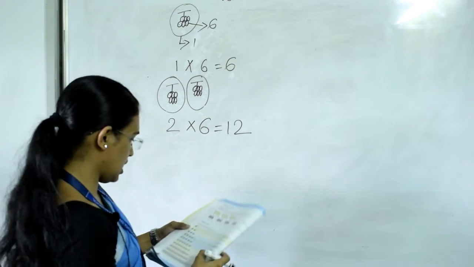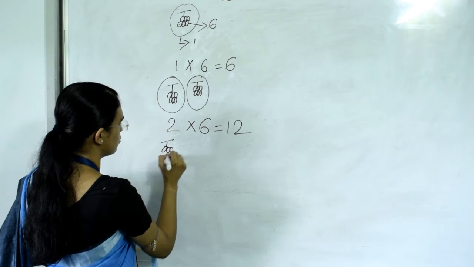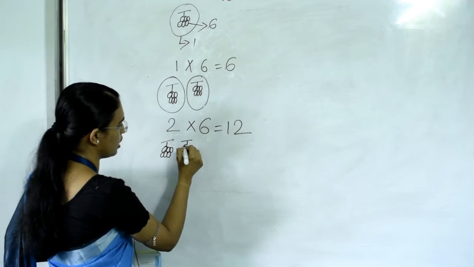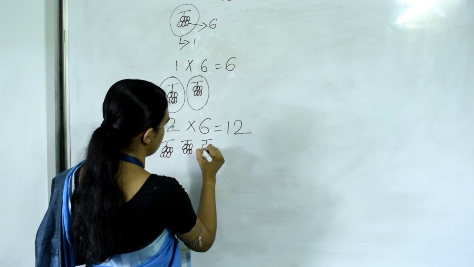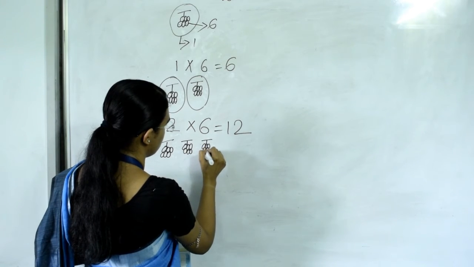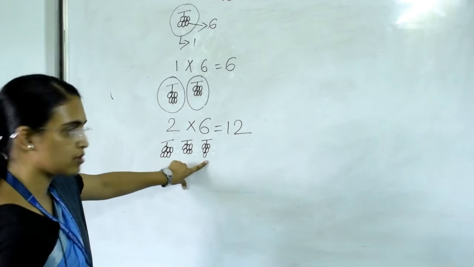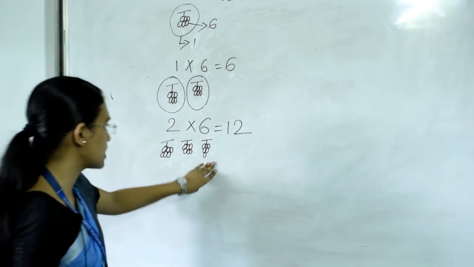Same. Now next one, there are 3 bunches of grapes, and each bunch has how many grapes? 6 grapes.